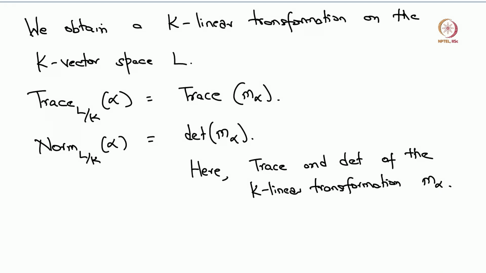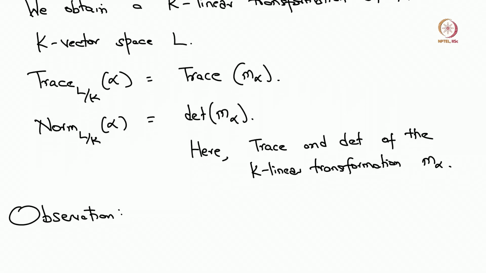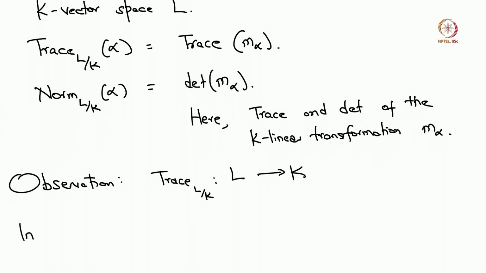Okay, and maybe one observation, so the trace function itself gives you a map from L and actually lands in K, and in fact the trace function is K linear.